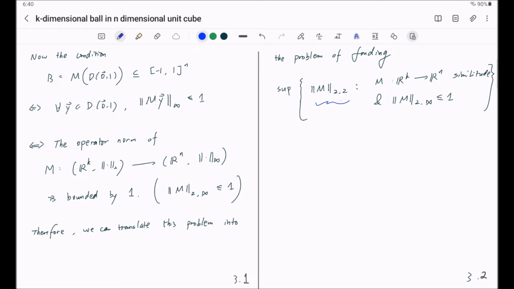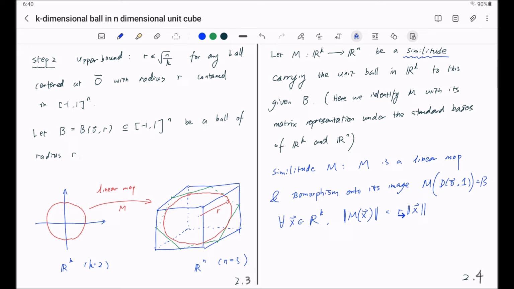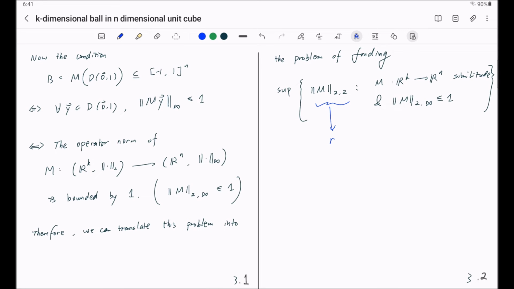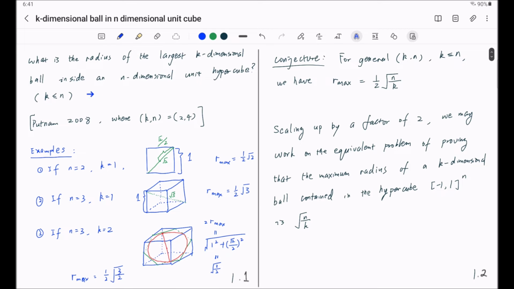Note that this part corresponds to this r, because M is a dilation by a scale of r. It sends this unit disk, unit ball, to a ball of radius r of the same dimension. And this restriction comes from here. So this problem is equivalent to our original problem.